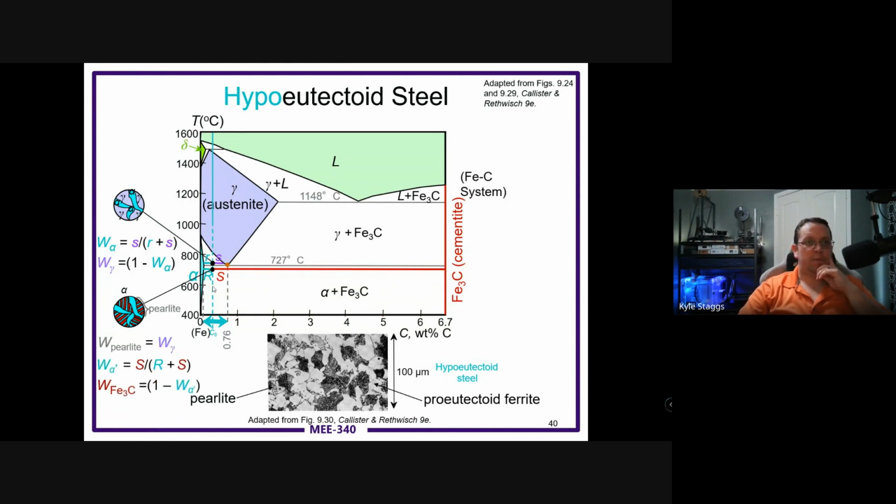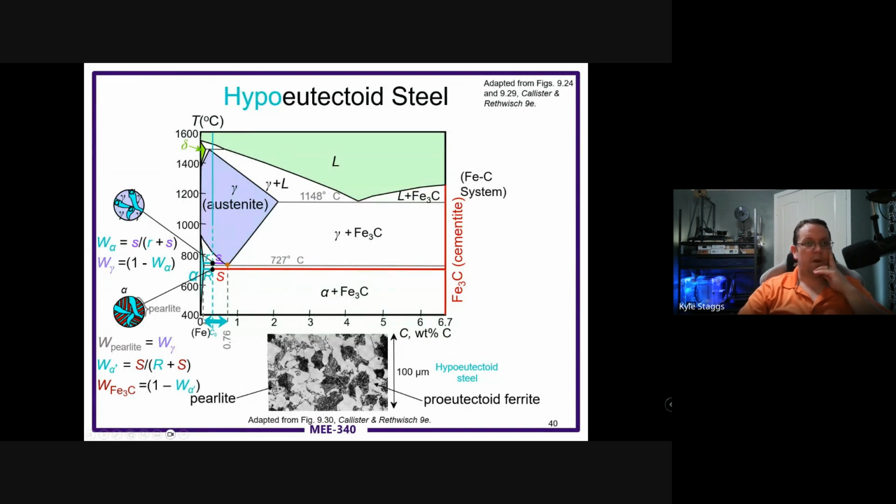Similar approach, same formula, S over the sum of R and S. Basically all phase diagrams that I'm aware of, especially with multiphasic envelopes, generally follow the same kind of process.